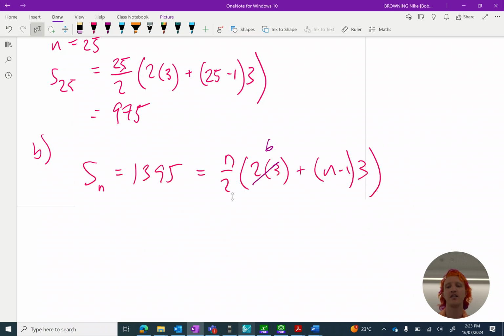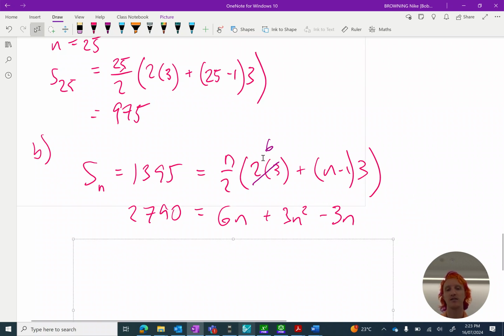We can put that into our equation, so S_n equals 1395, which is equal to n on 2 times (2a plus (n minus 1)d). I've already substituted in the values we know. I've already worked out what 2 times 3 is, because I'm a genius. And then I have multiplied by 2 and expanded the brackets. So 6n plus 3n times n is 3n squared. Minus 1 times 3 is minus 3 times n, 3n. I doubled everything to get rid of that 2.